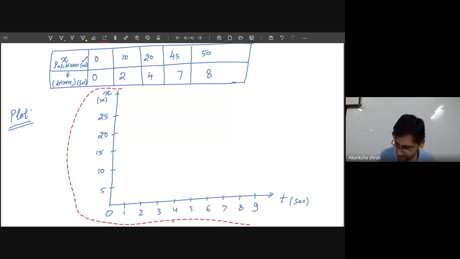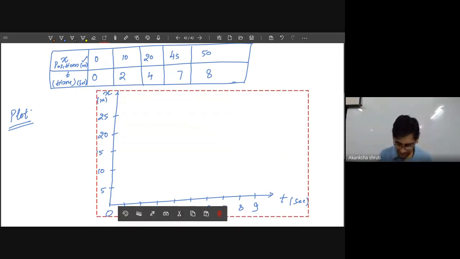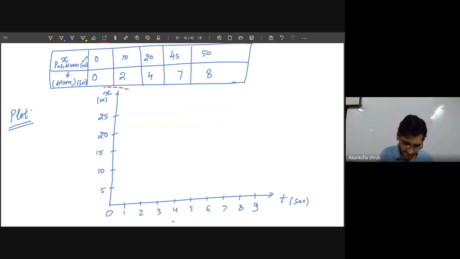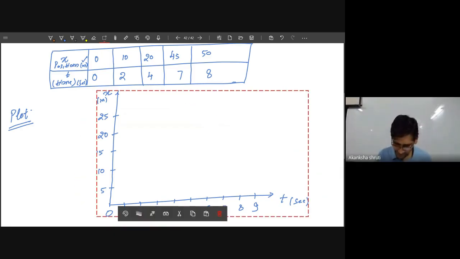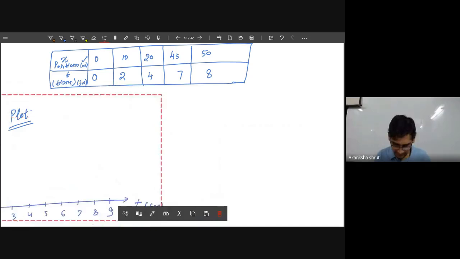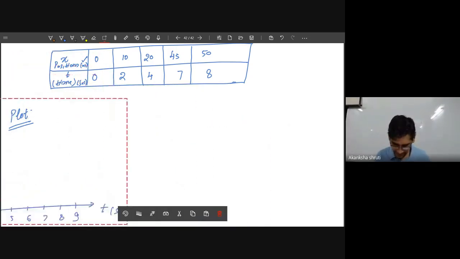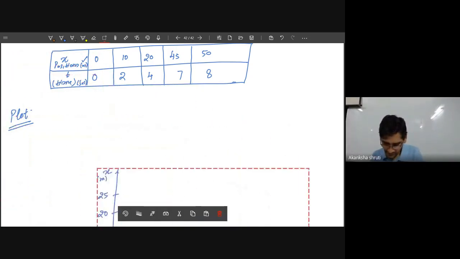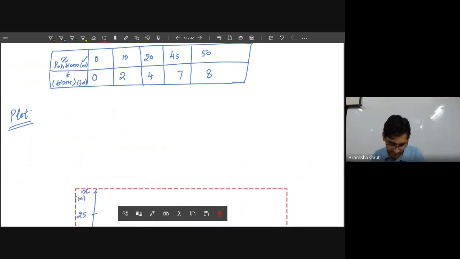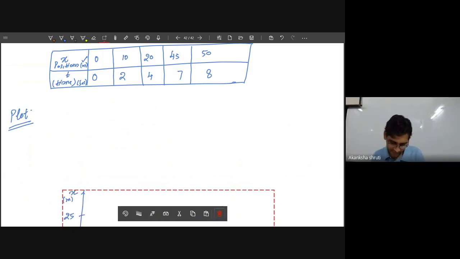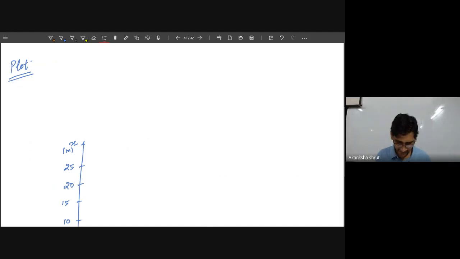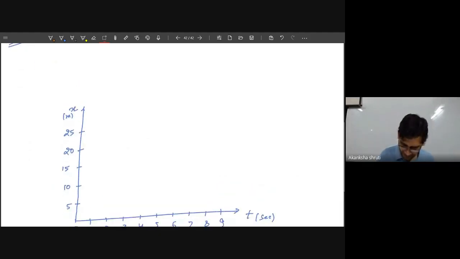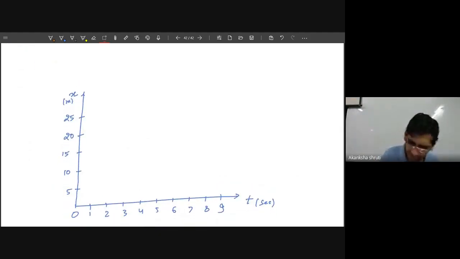So let me just shift this a bit downward if I can. Okay, students. So I can extend my space. That flexibility is available with me.